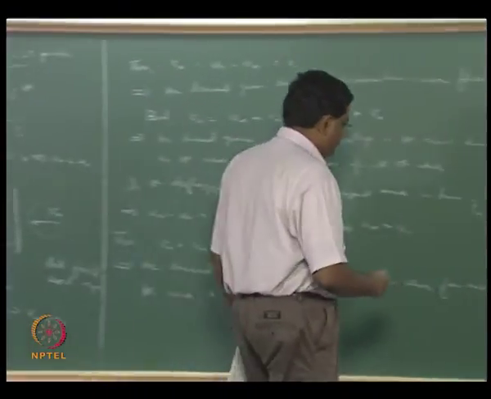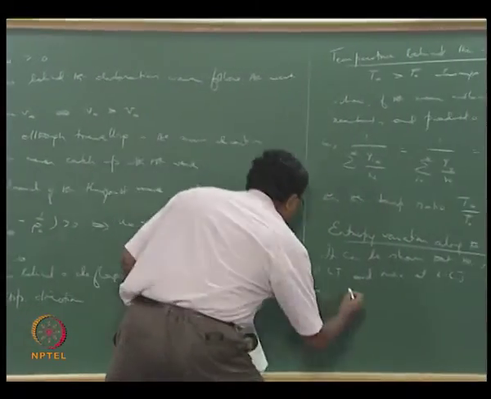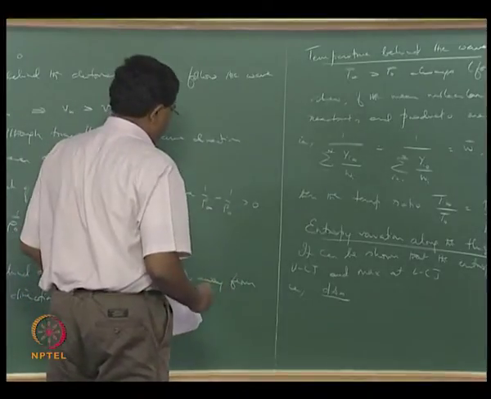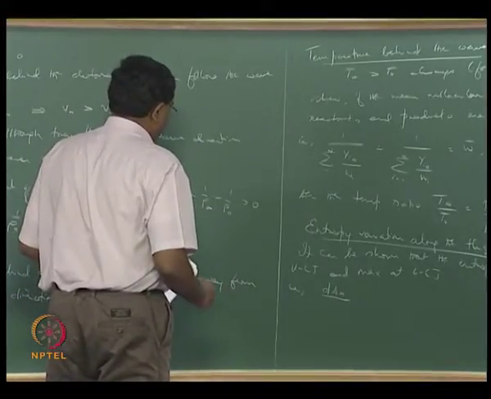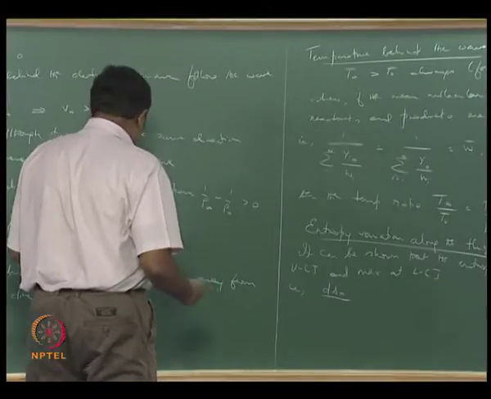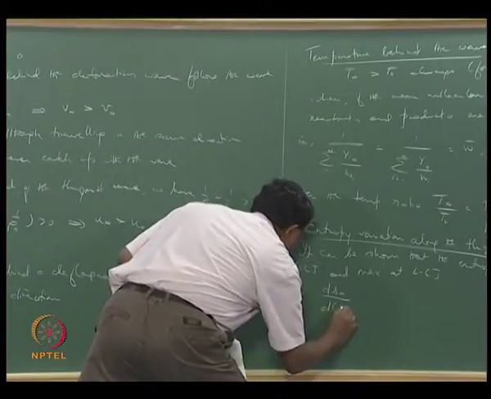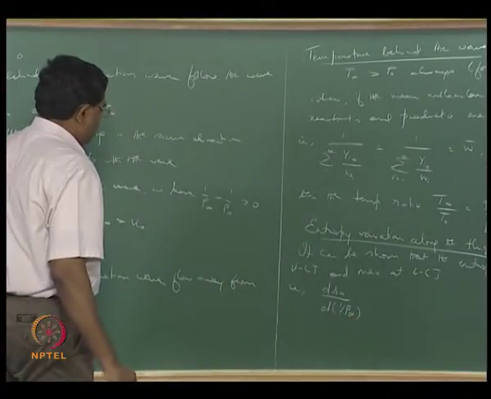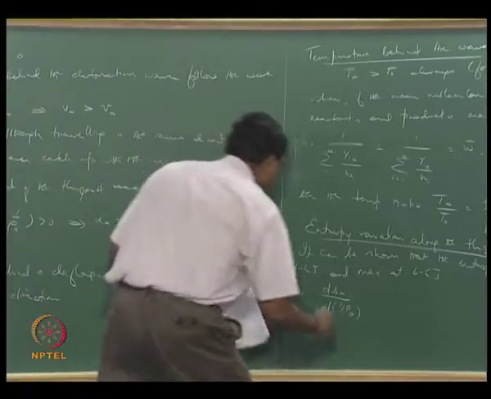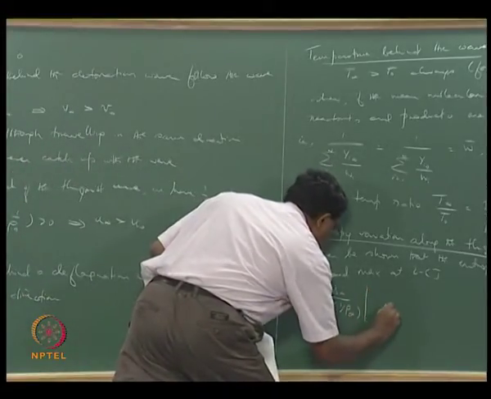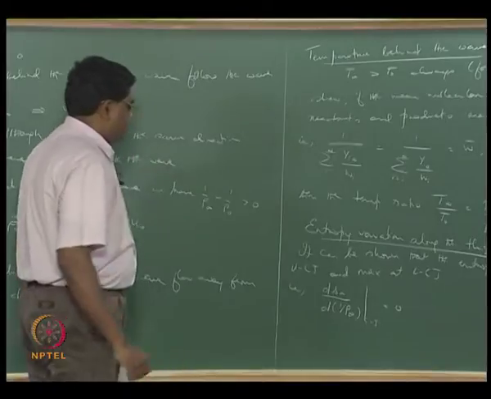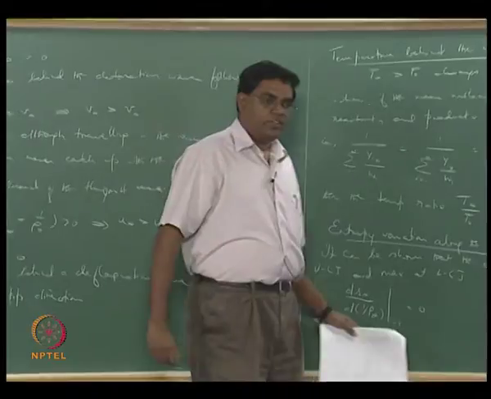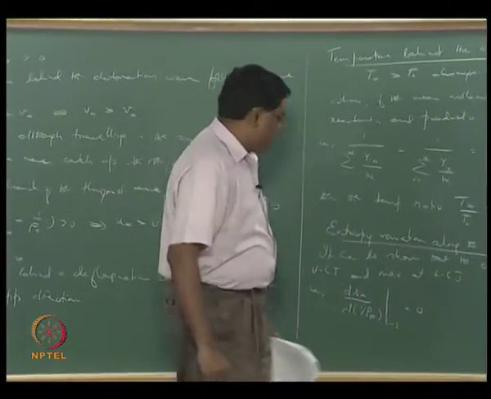If you do that, you get an expression for entropy at the end state as a function of 1 over rho infinity, and use that expression to differentiate this entropy with respect to 1 over rho infinity at the CJ point. Note that I am not saying which CJ point, because whether it is maximum or minimum you are going to have the derivative equal to 0. So you should be able to show this.